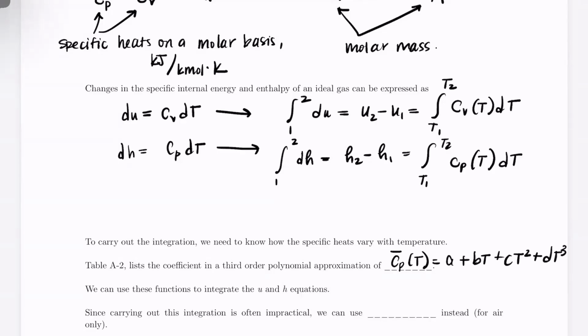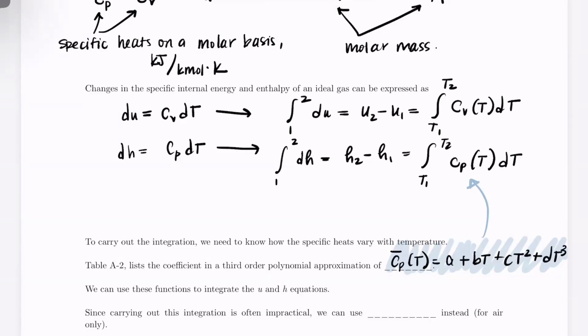We can use those functions to integrate the internal energy and enthalpy equations that I've shown above. So essentially we would take this expression and plug it into these integrals to carry those out, okay?